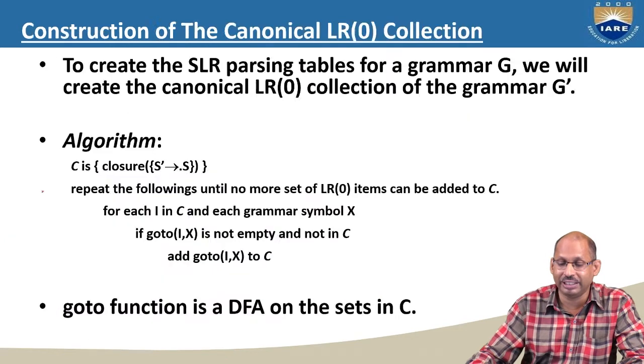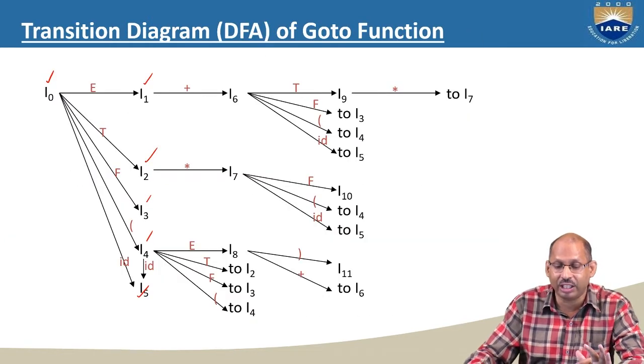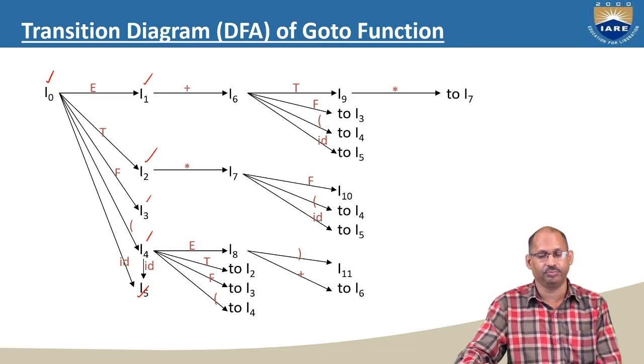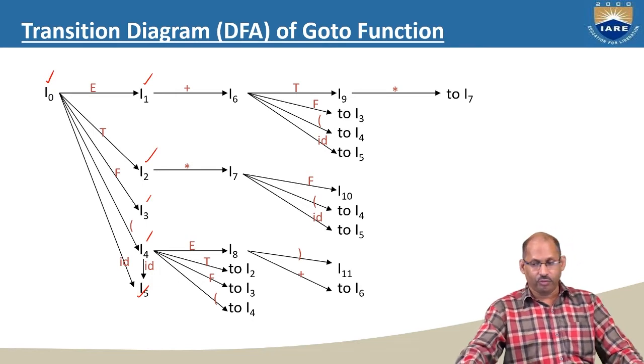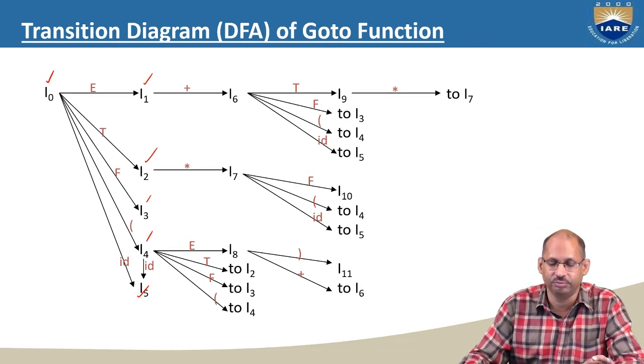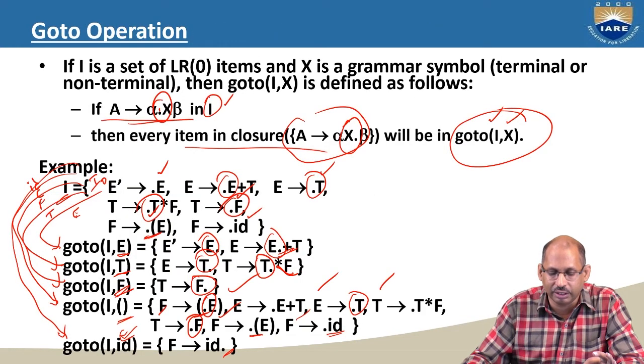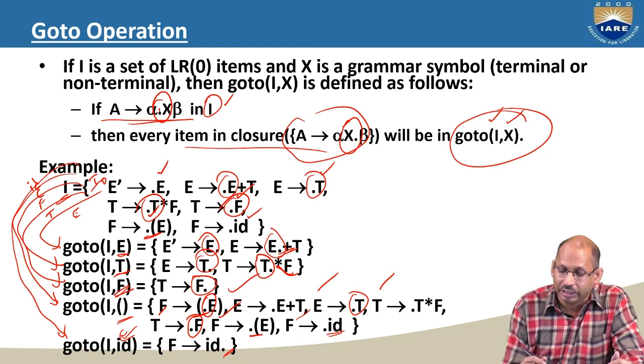We are representing this here as I1, I2, I3, I4, I5. Now, what do we have in I1? Here, this is I1. This I1 has the dot at the end, so no need for a goto operation.